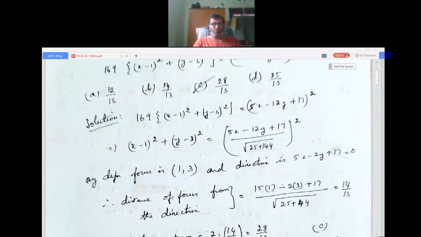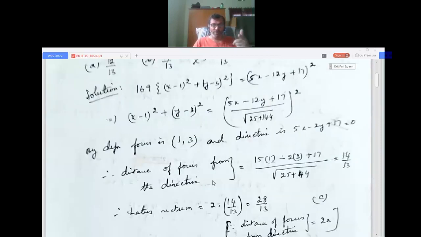Now what we do, we find the distance of the focus from the directrix, which is 2a. We find it using the formula: the length of the perpendicular from the point (x1, y1) to the line ax plus by plus c equals 0 is (ax1 plus by1 plus c) divided by the square root of a squared plus b squared.